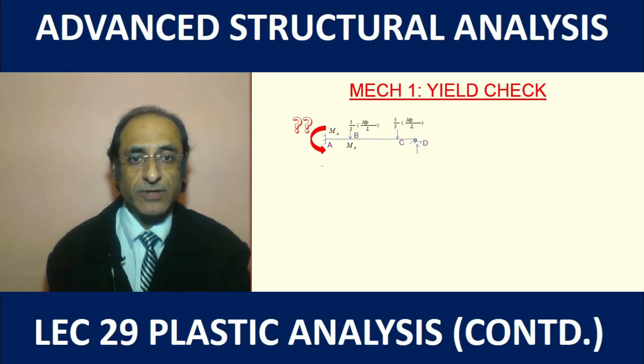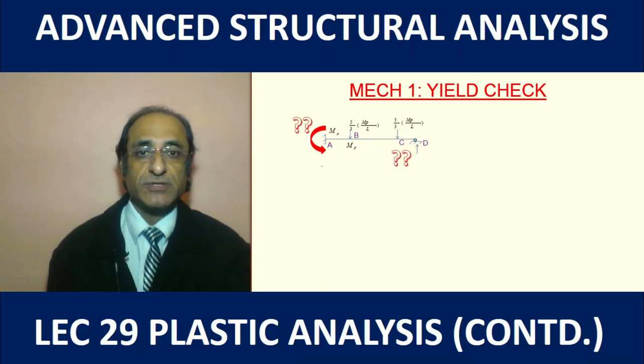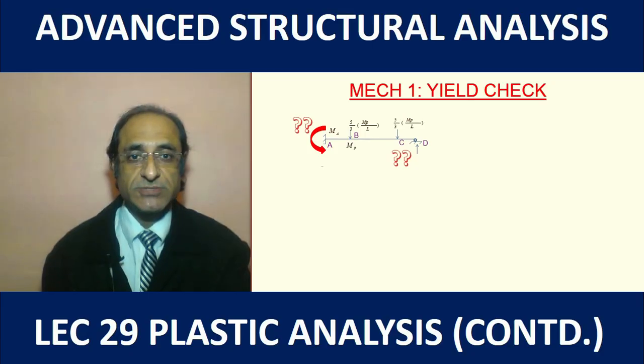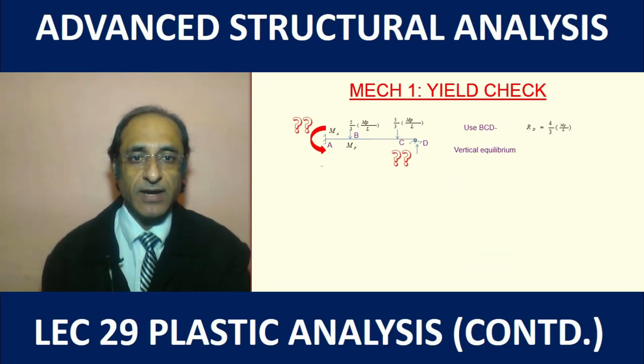So at one particular point, let's say at B, we assume that the bending moment is equal to the plastic moment capacity MP, and we keep the bending moment at A and C as unknowns, and with this information we try to find out the bending moments at these 2 points A and C. We begin with BCD, and if we make use of BCD, we can find out the reaction RD, and then from the overall vertical equilibrium of the entire structure we can find out RA.